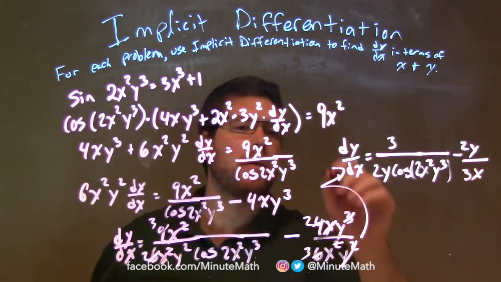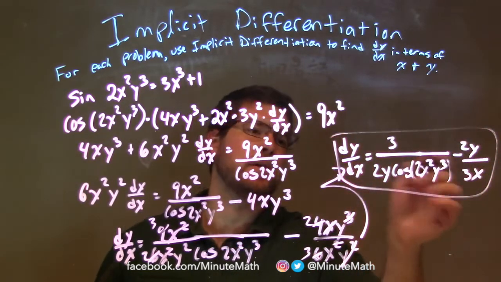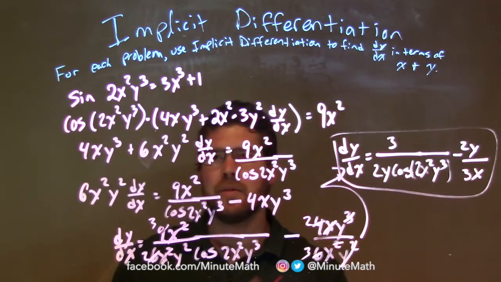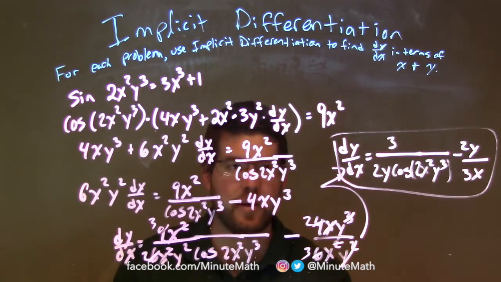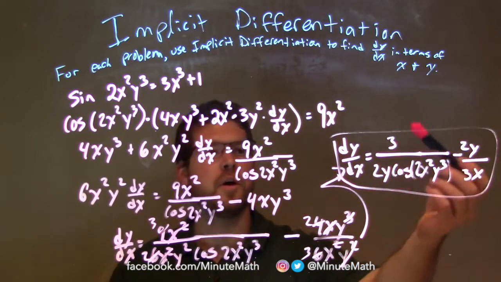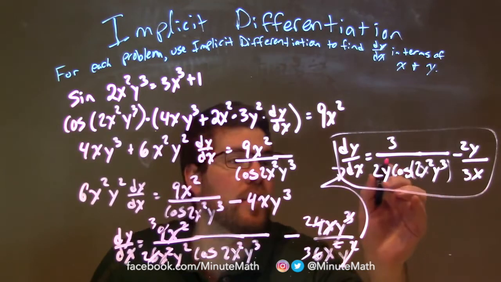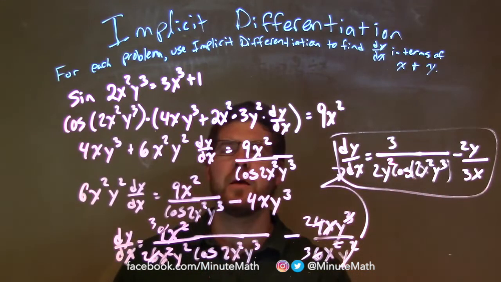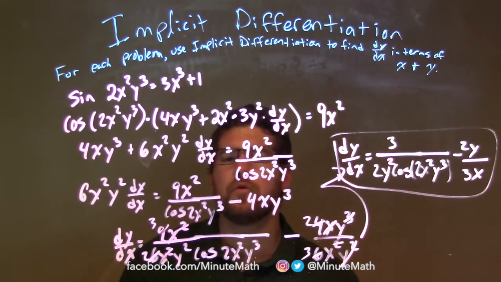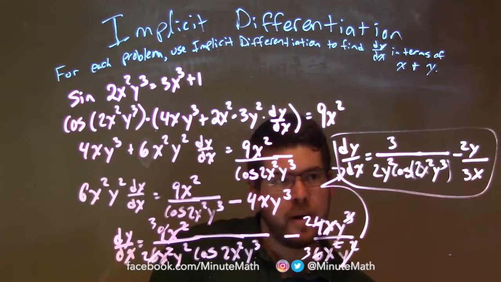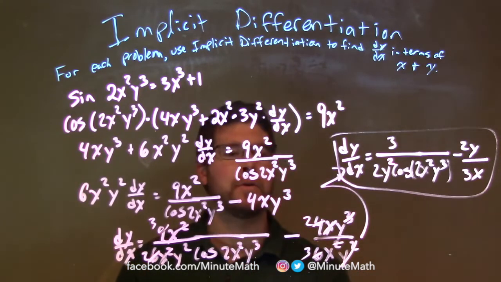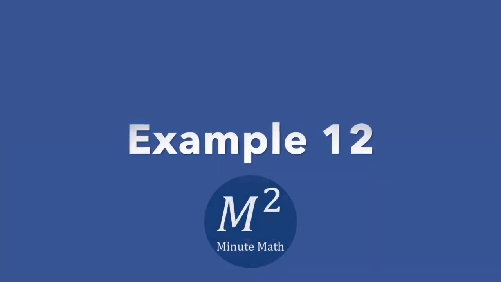Now there's probably a way, or I know there's a way, to get it all as one fraction, but in the interest of space, I'm stopping there. So we have our final answer of dy/dx equals 3 over 2y squared cosine of 2x squared y to the third power, minus 2y over 3x.